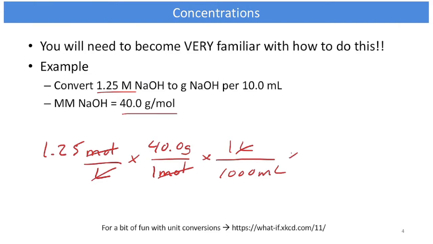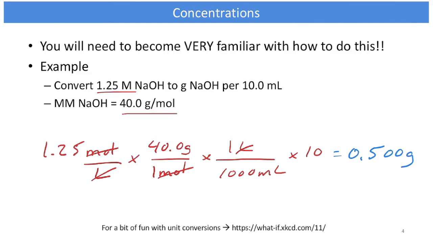So then if we just multiply this by 10, that's going to give us per 10 milliliters, and then the answer that we're going to get out of this is 0.500 grams.